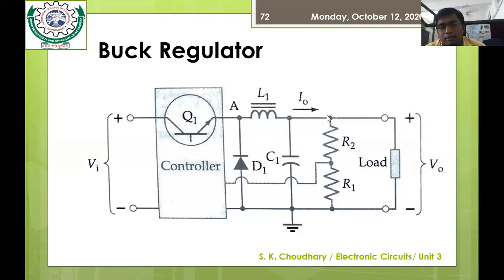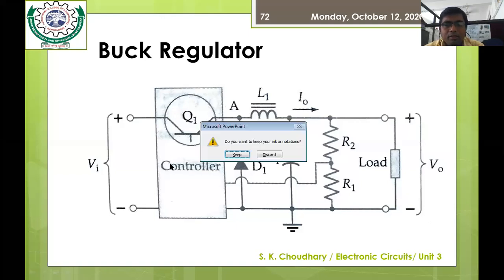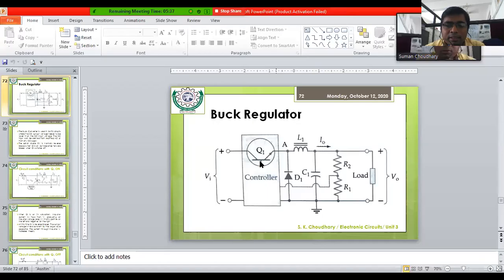This is also part of the controller. And you can connect any load to this regulator, maybe an electric bulb or a fan or anything, depending upon your application.